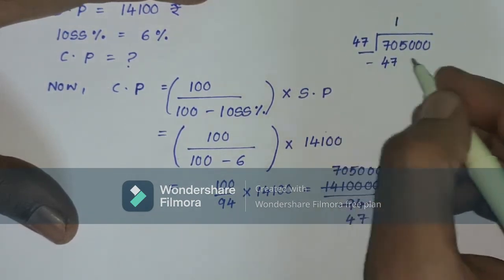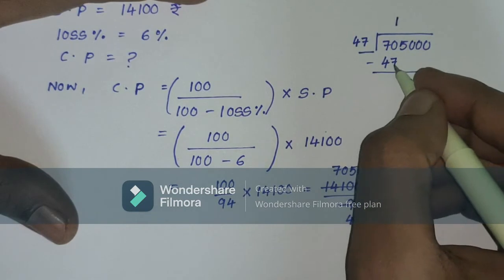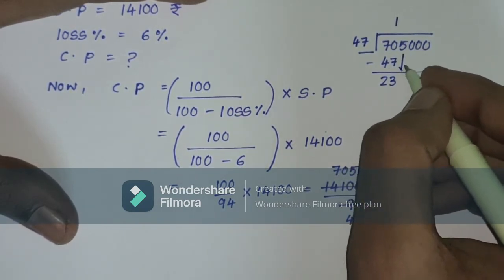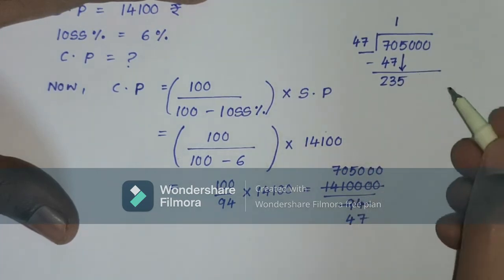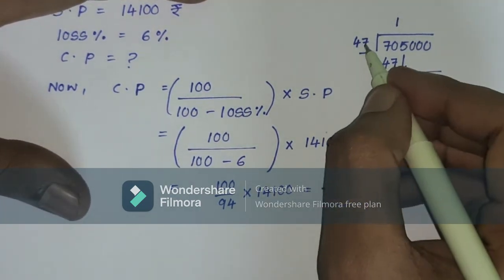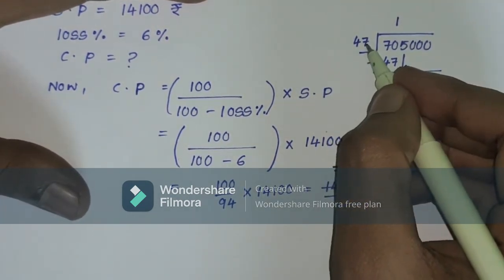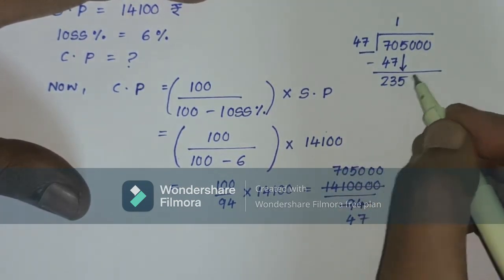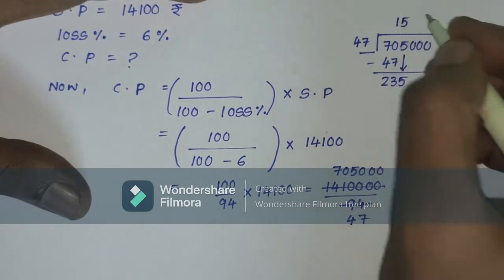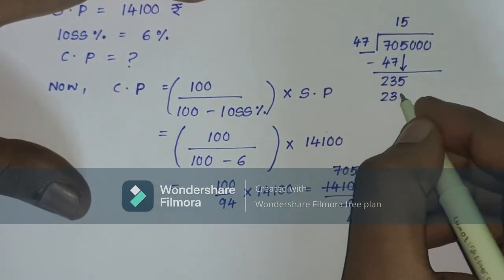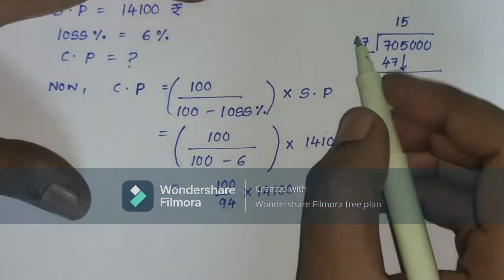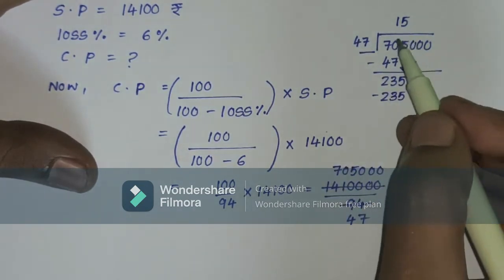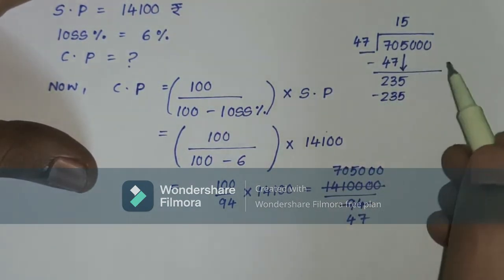So just do it, you will get 23. Bring this 5 down. Student, you should understand that 47 tens is 470. What is half of 470? 235. That means 47 fives is 235, student. If you are not sure, just multiply 47 by 5, you will get it. Or you try 47 by 4, 47 by 6.